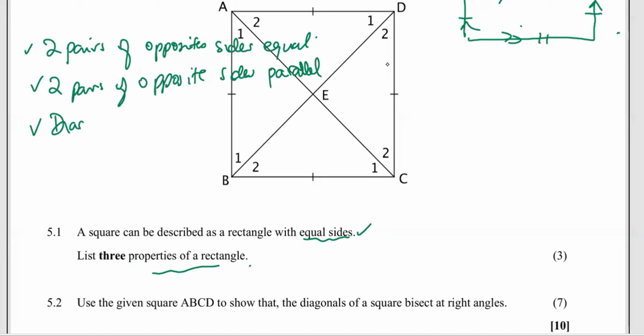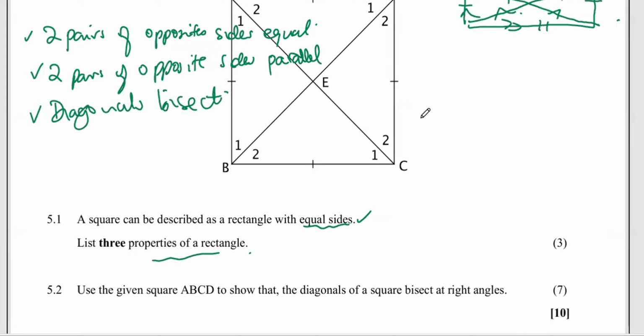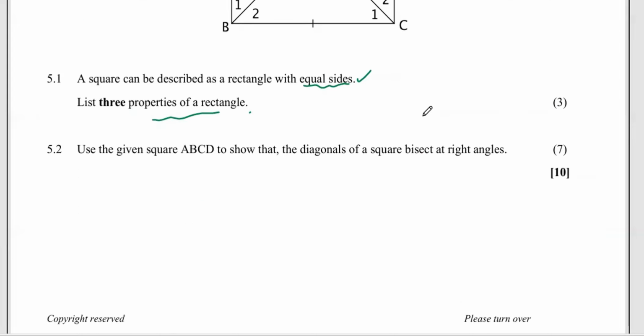So diagonals bisect, meaning that they meet at a point and then everything becomes equal. So this is the same as that. This is the same as that. So those are the 3 properties we can look at, okay? Someone could also talk about the interior angles and all of that.